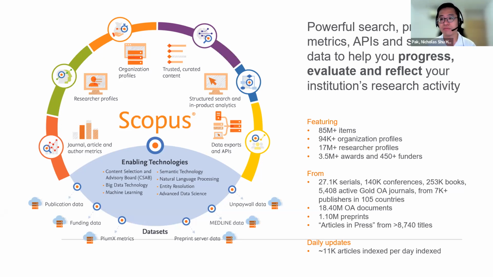With the information that comes through, we have about 27,000 serials, 140,000 conferences, and 253,000 books, from over 5,000 Gold Open Access journals with over 18.4 million open access documents and 1.1 million preprints. Scopus is updated with up to 11,000 articles indexed every single day. So it is something very useful in itself.